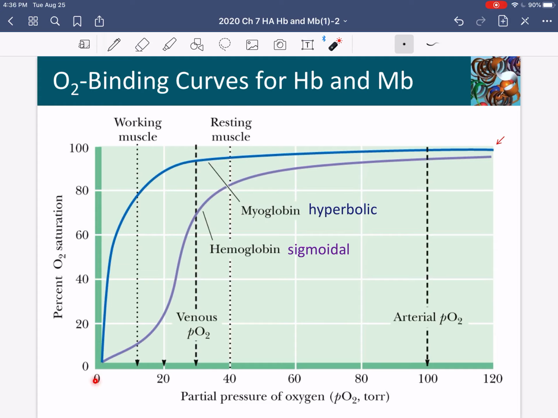Low concentration, high concentration. On the y-axis, we're looking at percent saturation. That is, how many of the irons in the hemes of the subunits of hemoglobin or on the heme of myoglobin are bound by oxygen.